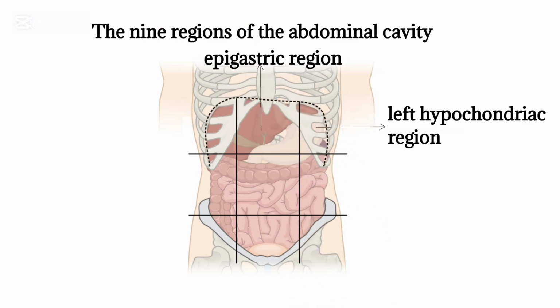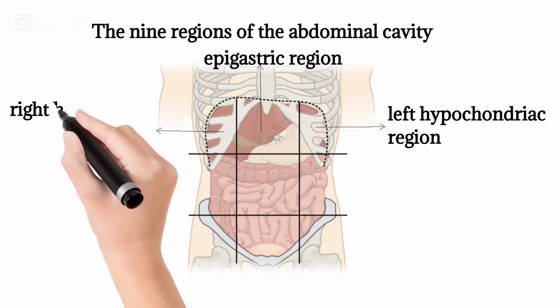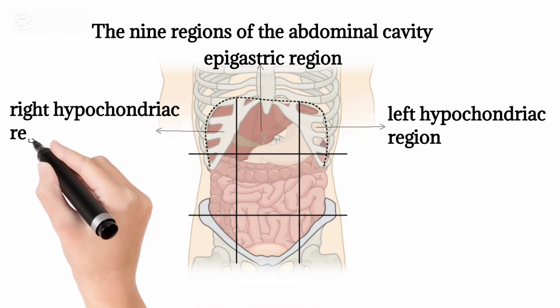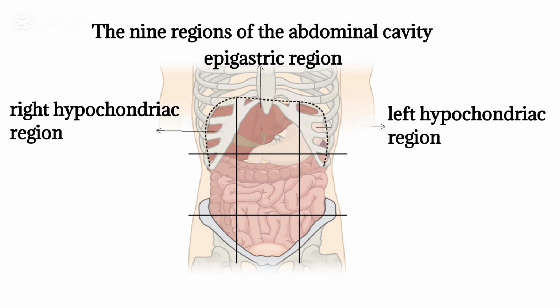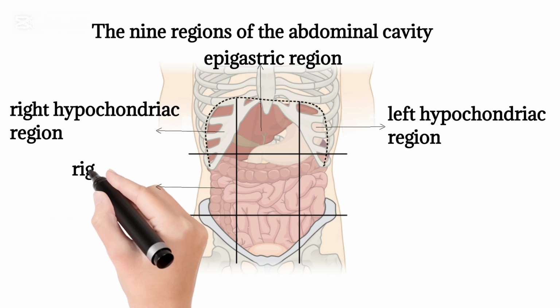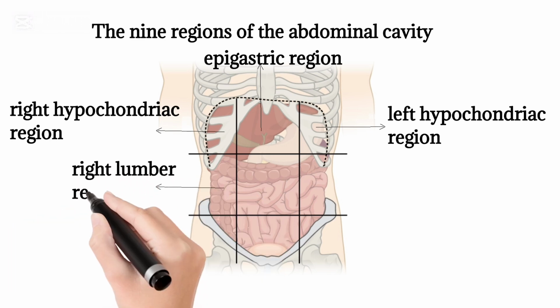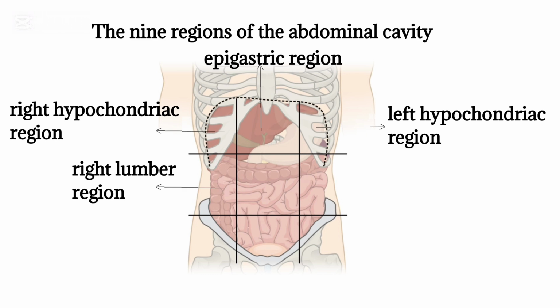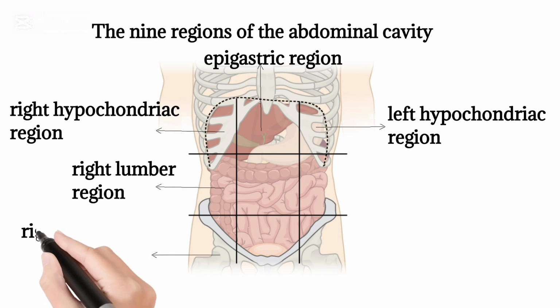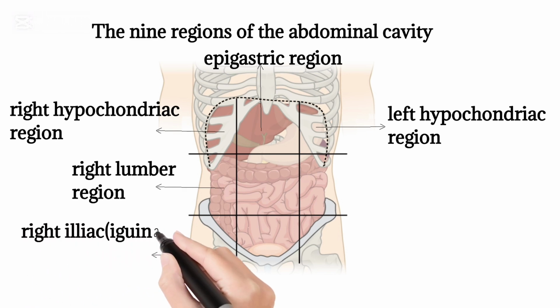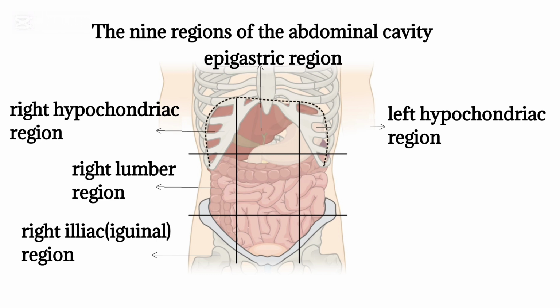We have the right lumbar region, the left iliac or inguinal region. We have the hypogastric region. We have the left iliac or inguinal region, and also the left lumbar region. And the last of it all is the umbilical region, the middle part of the diagram.